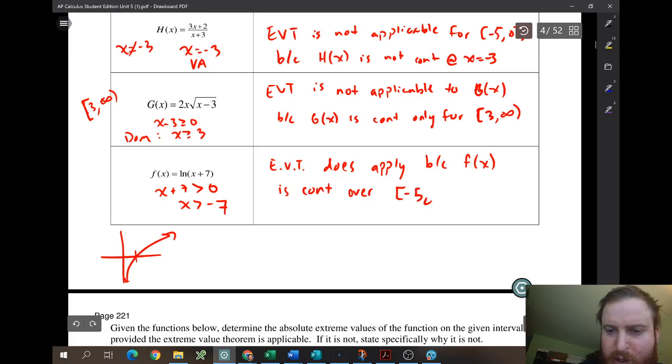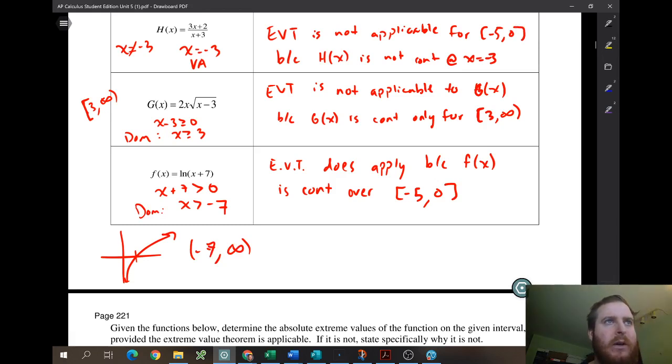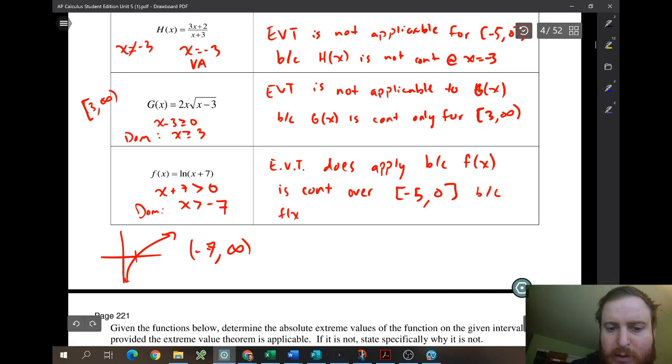So it's because it's between -5 and 0, right? And what our domain is, essentially from -7 to infinity, that's part of our domain, and negative 5 to 0 is part of that, right? And if you want to add, because f of x is continuous for x greater than negative 7, you can add that, right? So that's part of that.